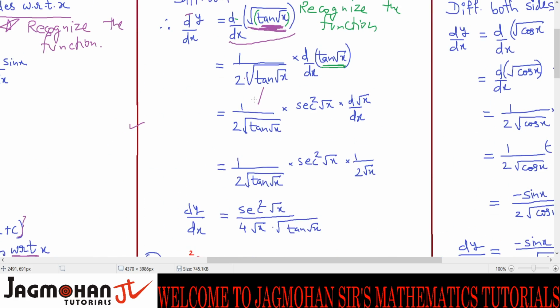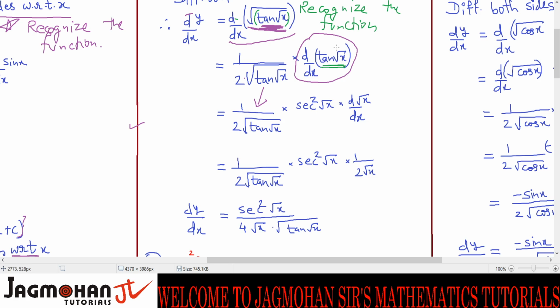Then this part you write as it is, into d by dx of tan root x. I need to write the derivative of tan of root x. How do I write it? I recognize the function. I ask myself, what kind of function is this? It is a tan function, but it is not tan of x.